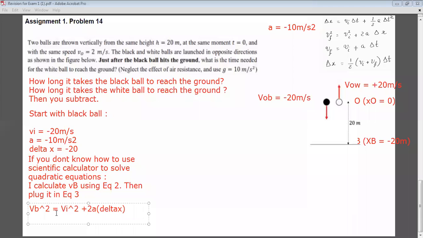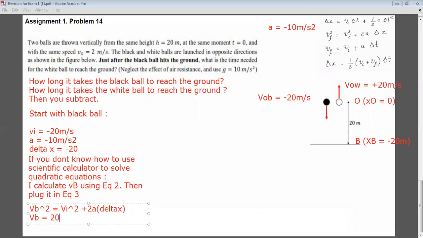If you do the calculation, you will get VB equal to plus or minus around 20, so it will be 20.0 something.